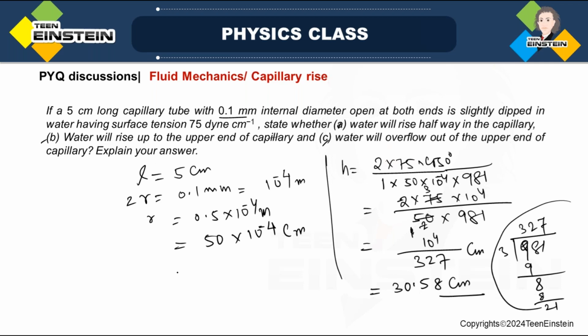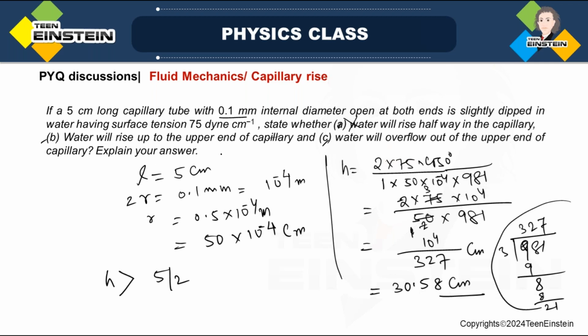So the height it is actually rising is much greater than 5 by 2, isn't it? So the first possibility is not possible. Then the second one, water rises up to the upper end.